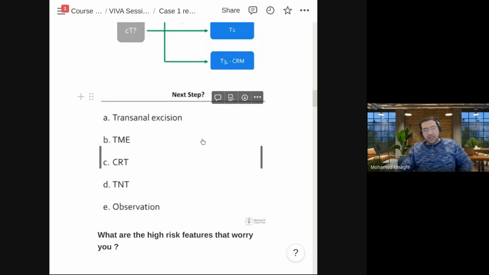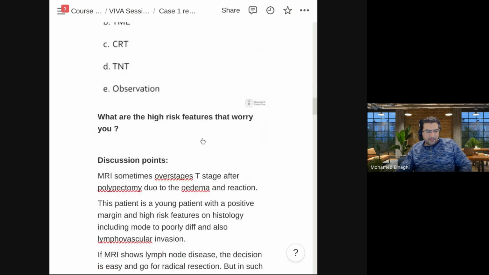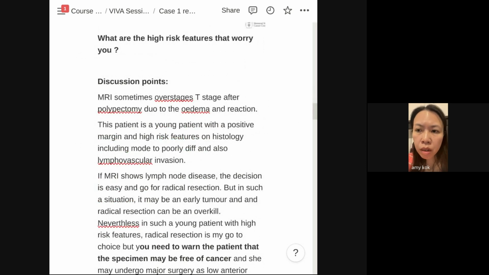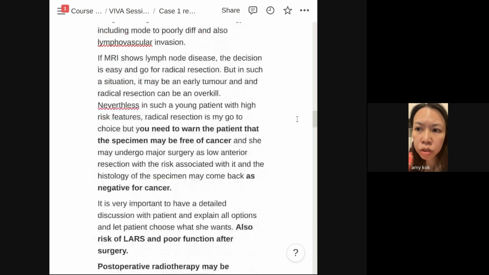Fine. So will your decision be different if this is an 82-year-old gentleman with significant comorbidities? Yes. Okay, so why is it going to be different, and based on what? It's based on the performance status of the patient. Of course, I will assess the performance status, but according to your information, it's multiple comorbidities.